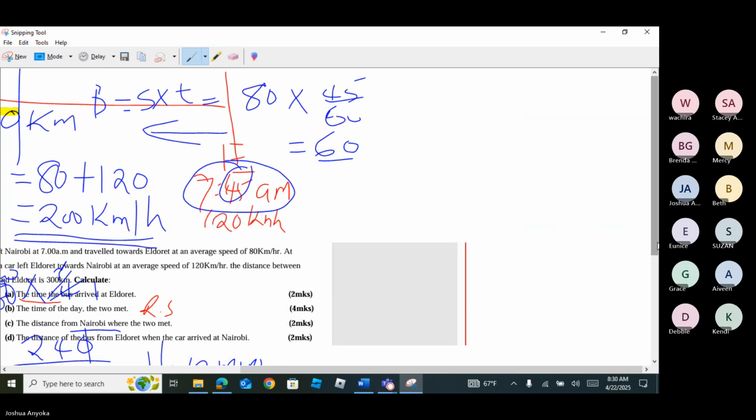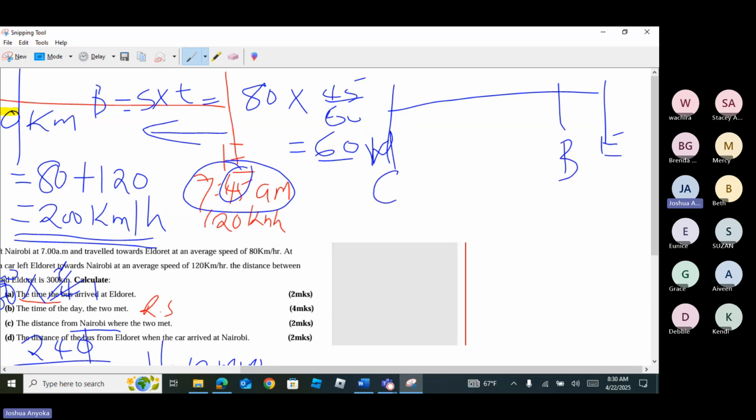We have Nairobi, we have Eldoret. Nowhere are we told any other drama, whether they stopped or anything else. It is one way, it is very straight. So when the car arrives in Nairobi, the bus will be somewhere. It will not yet have arrived. So what is this distance that the bus will cover?